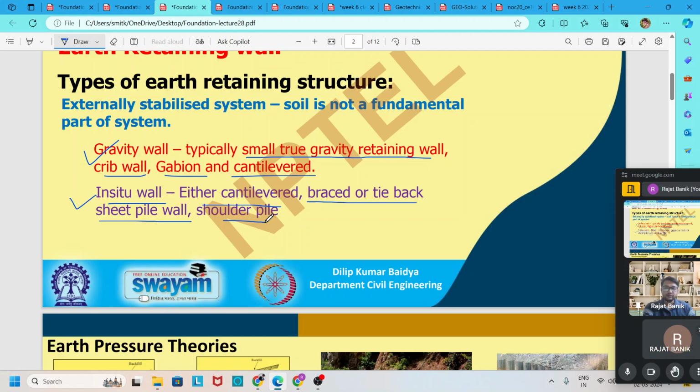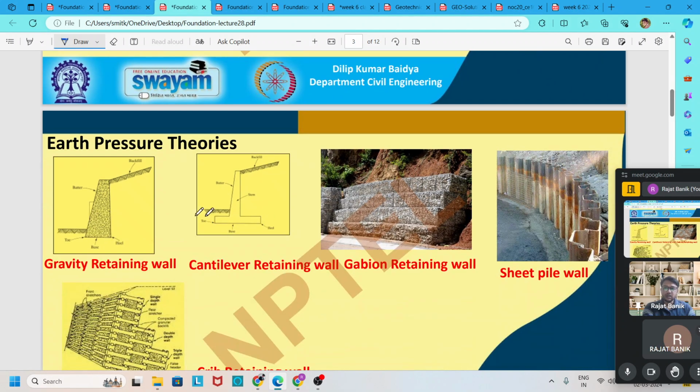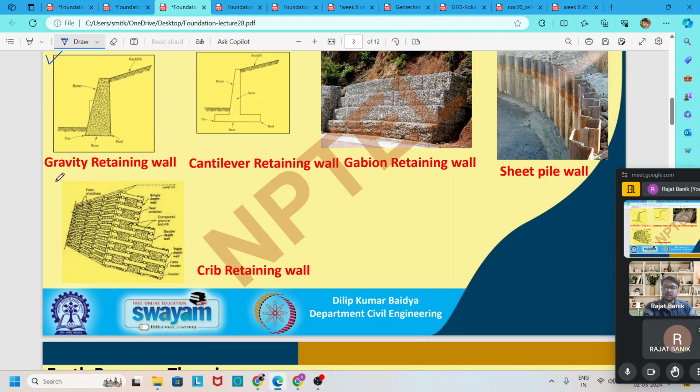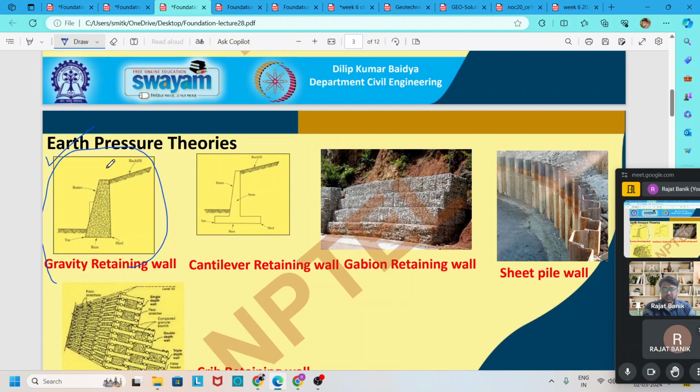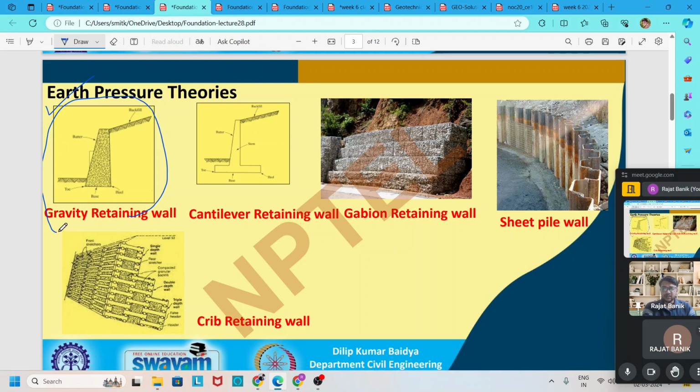Then, for earth pressure theories, figures are given for different types of retaining walls. The first one is the gravity wall, where we use only earth or soil to make this type of wall.